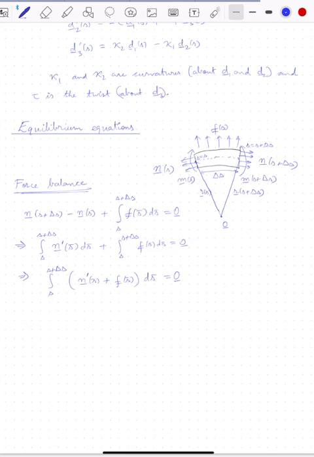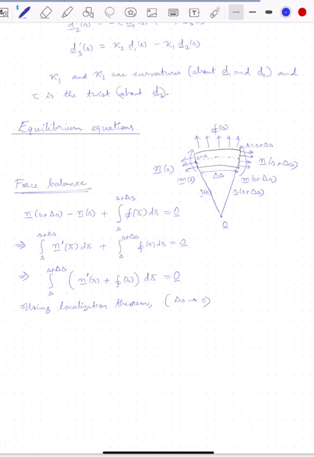Now, using the localization theorem: as delta S tends to 0, approaching some infinitesimal value, the integrand over that region will seem as if it's a constant.